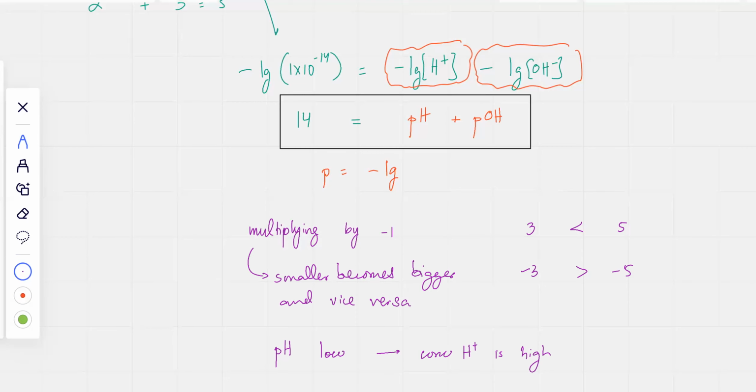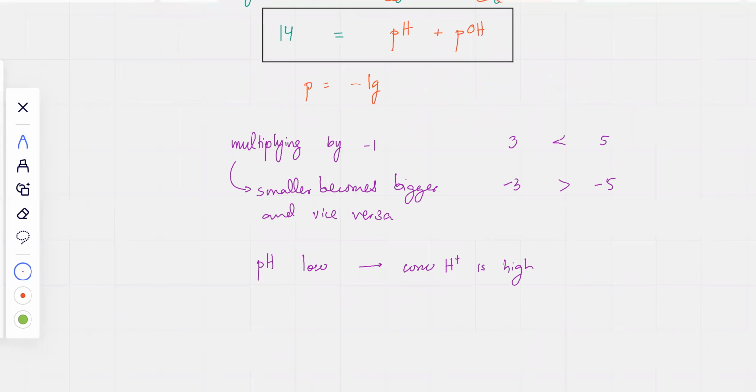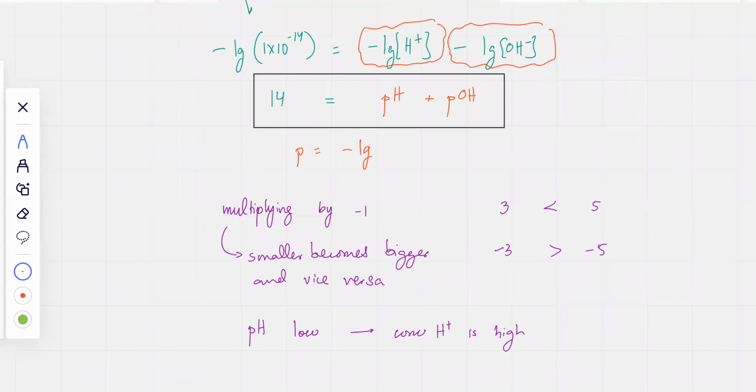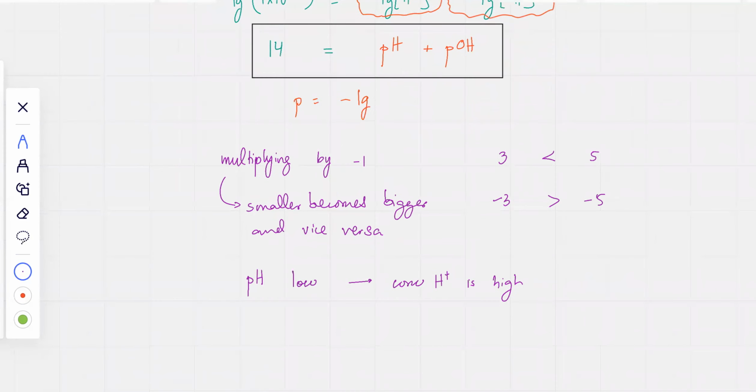If the pH is low, the concentration of H plus 1 is high, because you've multiplied everything by -1 when taking the log. So multiplying something by -1 kind of turns the scale upside down. And similarly, if the pH is high, like if the pH is 13, that means the concentration of H plus 1 ions is going to be very low.